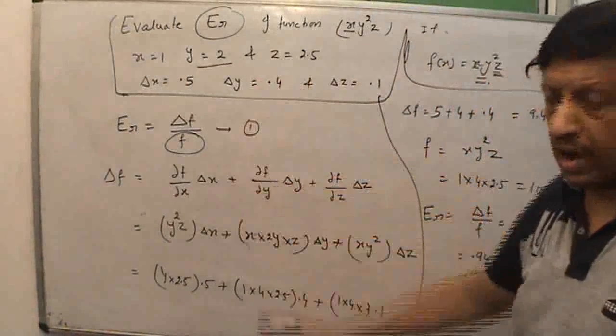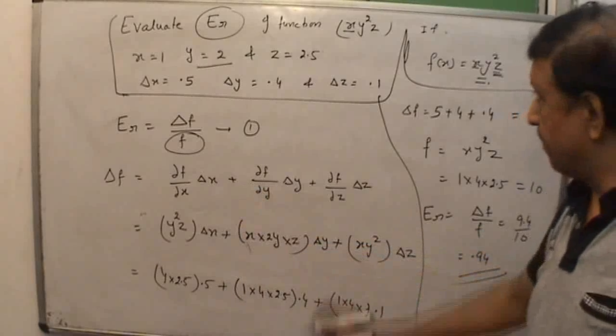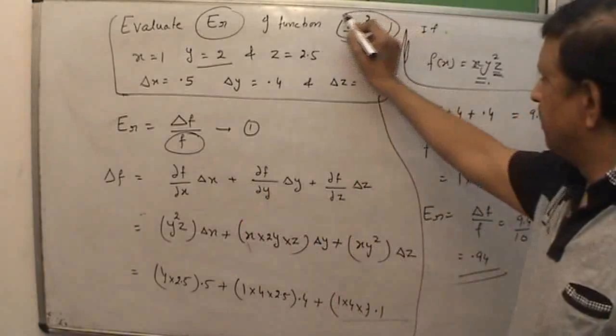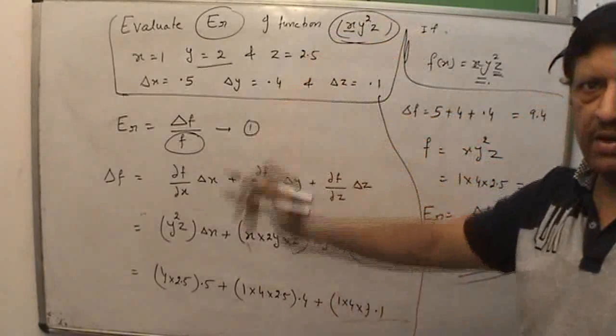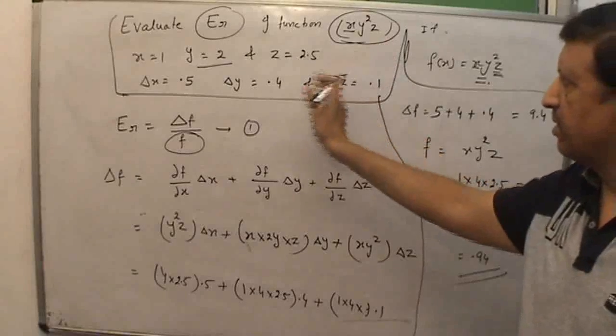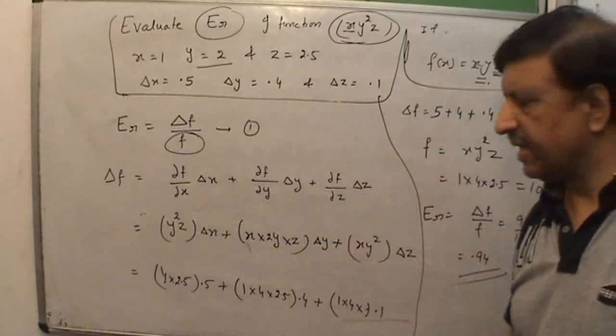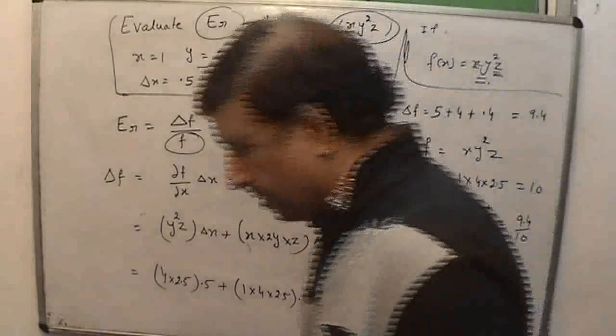That is the way we can find the relative error in an algebraical function. It may be 2 variables, 3 variables, 4 variables, anything, but these values will be provided to evaluate it. That's about the errors.